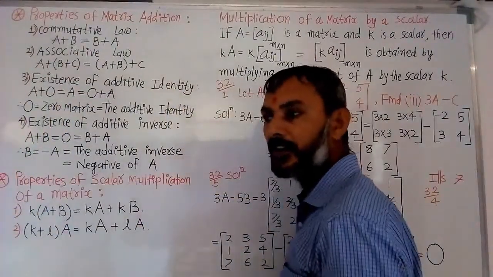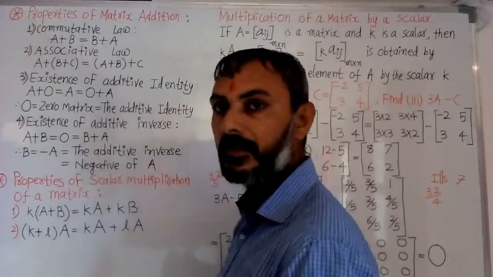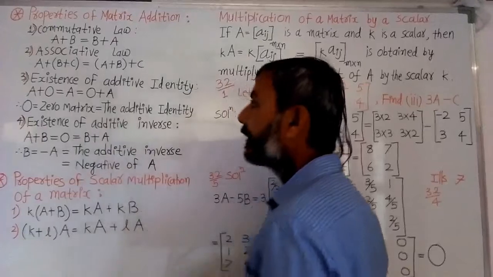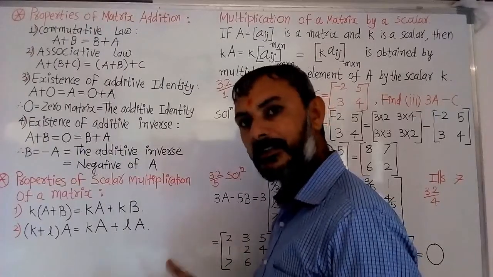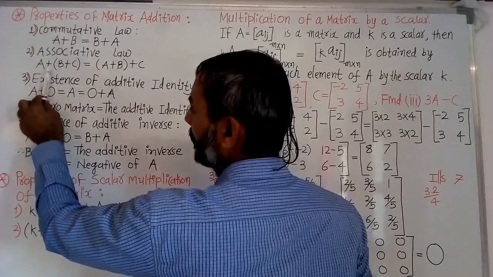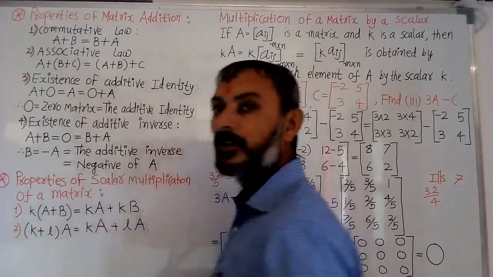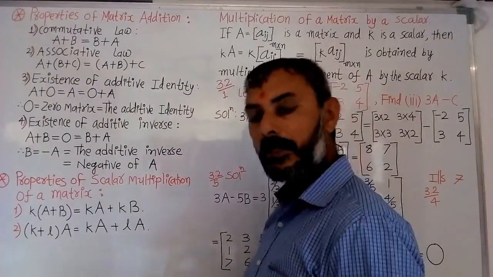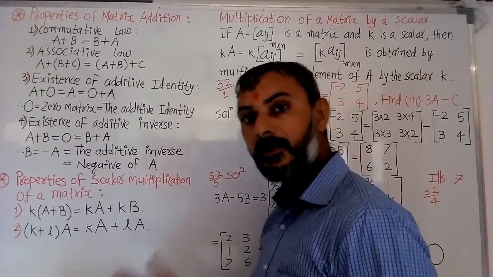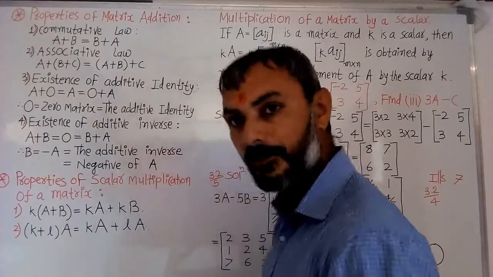You know, commutative means either you write A plus B or you write B plus A, the answer will be the same. In any order you can add, the answer will be the same. Then the associative law, A plus B plus C equals A plus B plus C. You can add any 3 matrices in any order, the answer will be the same. This is called the associative law.